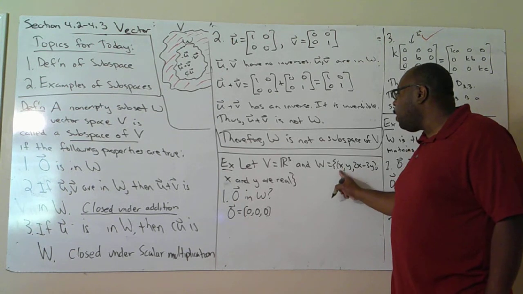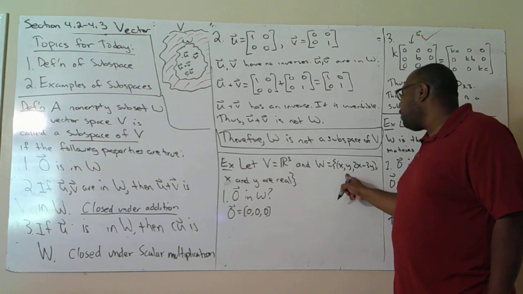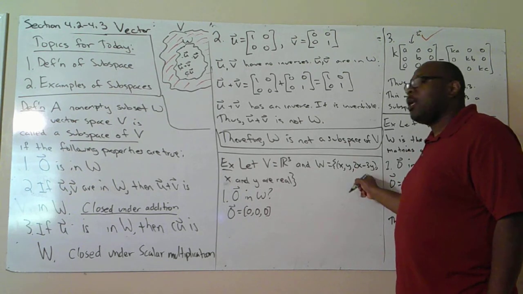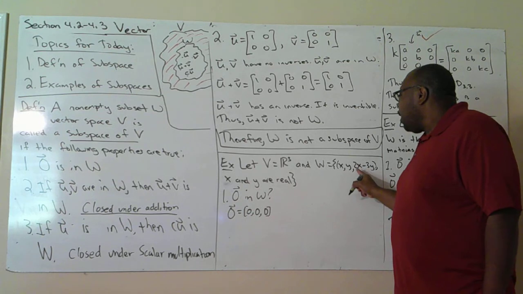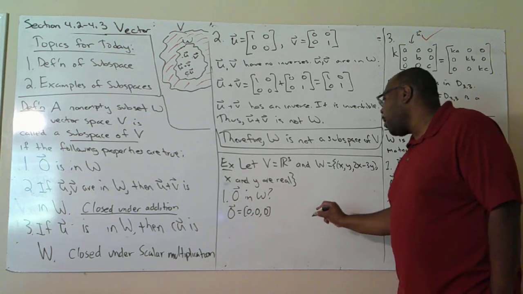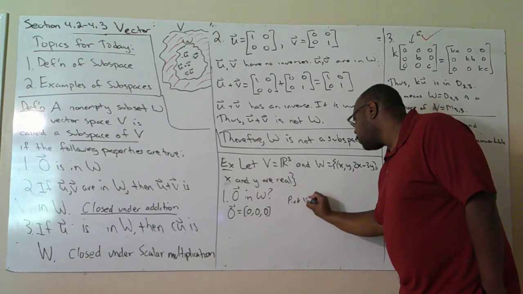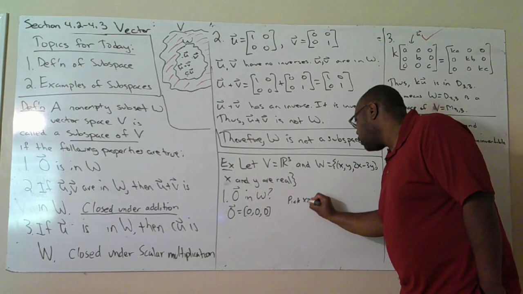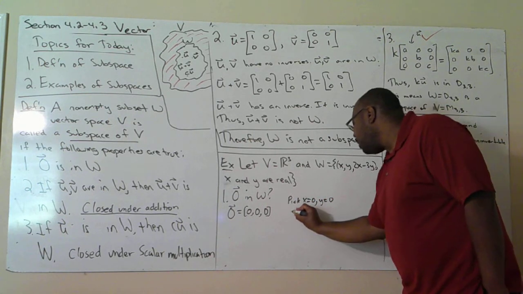Now remember the form of W, right? X can be any real number, Y can be any real number, and Z depends on whatever X and Y are. And guess what? The zero vector is in W, right? All we have to do is pick X and Y to be equal to 0. Then what do we have here?